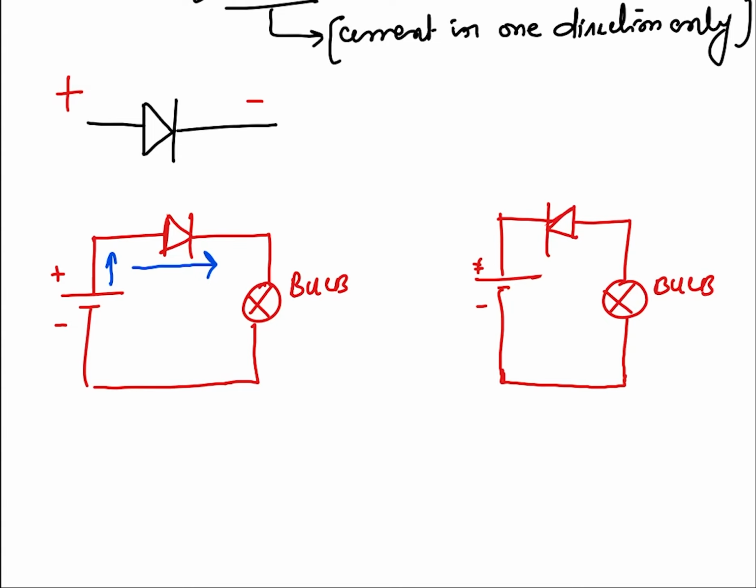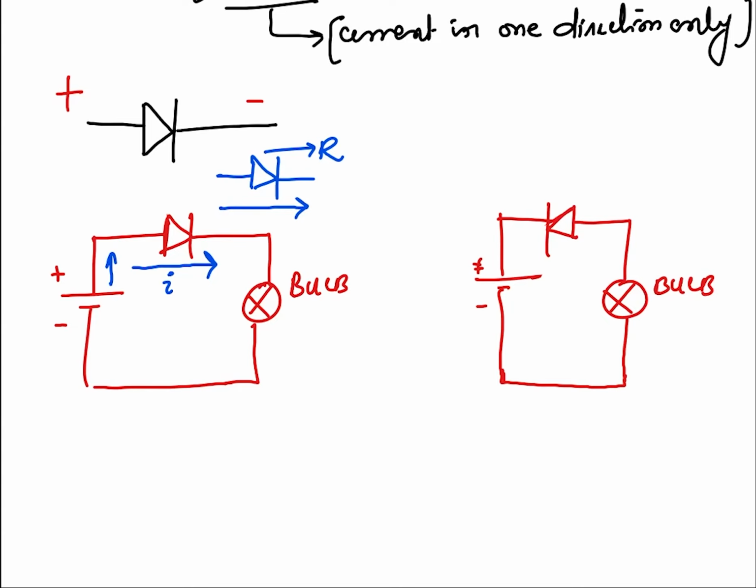So if my predicted direction of the current is similar to the direction of the diode, how am I going to see that? Look at the pointing side of the diode. The diode is pointing towards the right side in this diagram. So the current it's going to allow will also be in this direction.